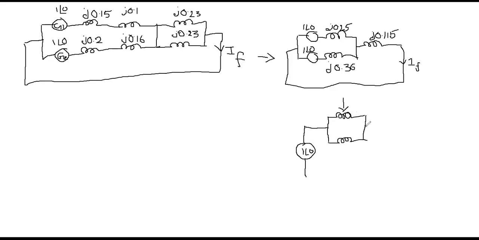Now you see here. So this is J 0.25, J 0.25, and this is J 0.36, and this is J 0.115.